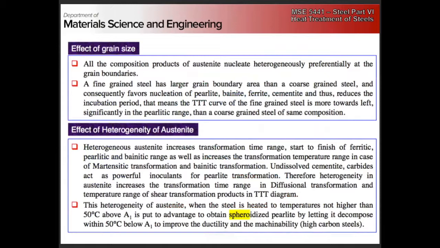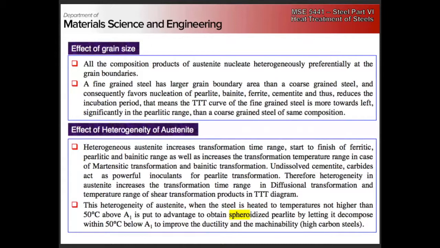Also, heterogeneity is important, right? If the grain size of your austenite is highly heterogeneous, say you have a partially recrystallized structure with many small grains and many large grains, you're going to essentially spread things out.